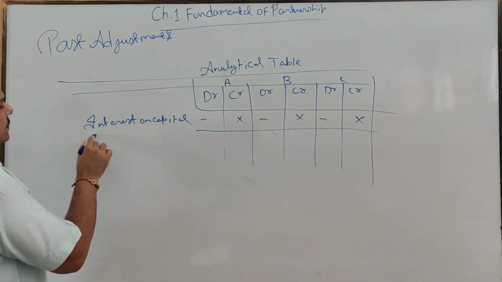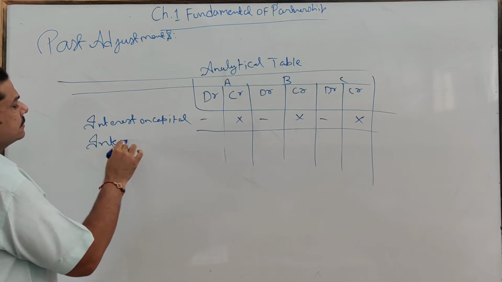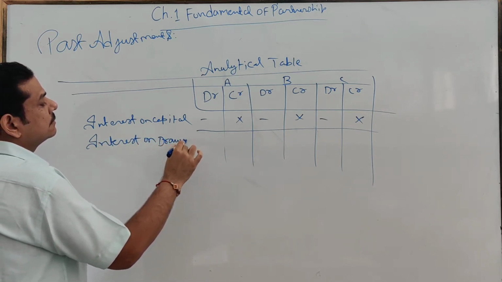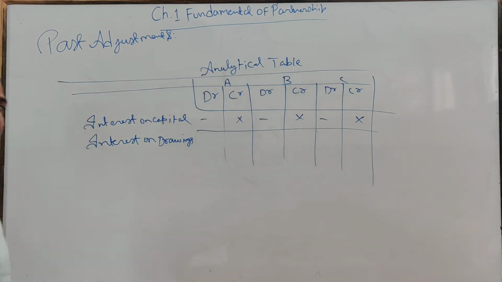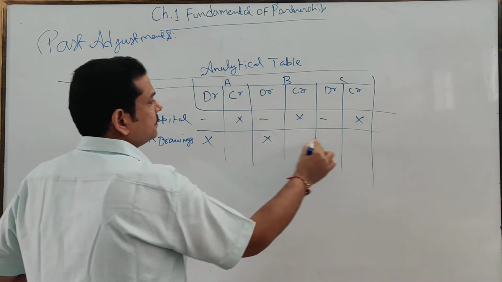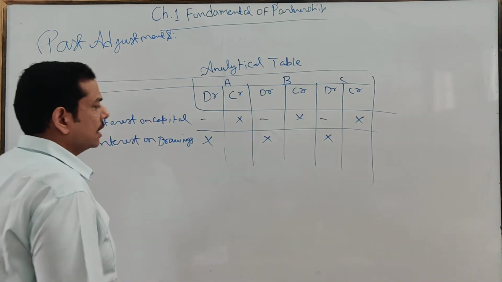Now consider a case of interest on drawings. If the firm has forgotten to charge interest on drawings from the partner, no problem. It's an expense of the partner, so the expense will come on the debit side. Clear?